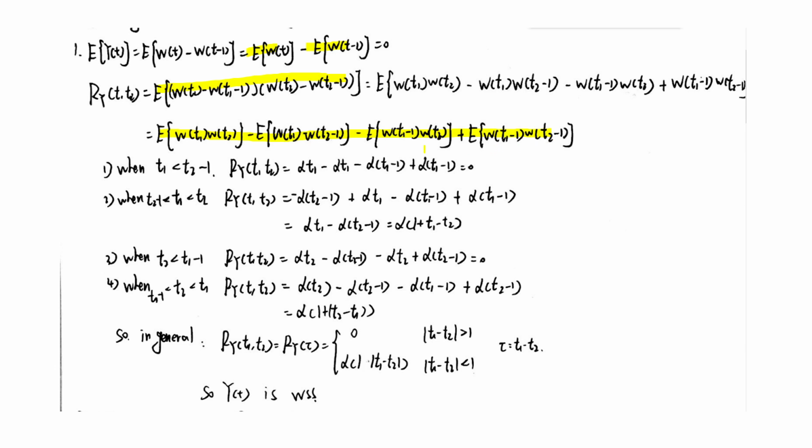In order to find the value of these four different parts, we need to discuss different circumstances. The first circumstance is when t1 is less than t2 minus 1.